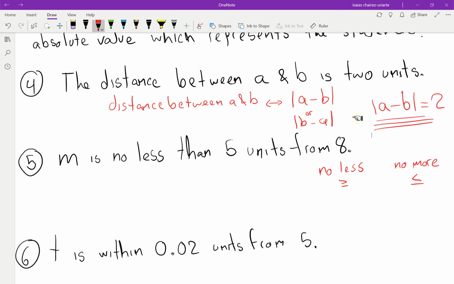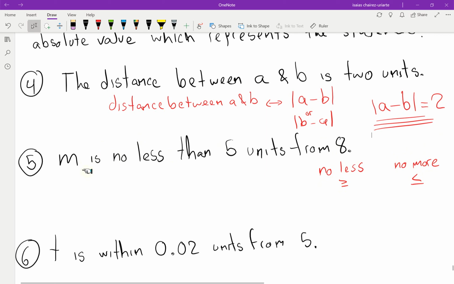Okay, next little problem. M is no less than 5 units from 8. What does no less mean? I said no less means that it has to be bigger than or equal. Now if you had a statement that said no more, something is no more than something else, that means that it's less than or equal. Yeah. So right now I'm dealing with an inequality. So let's see.